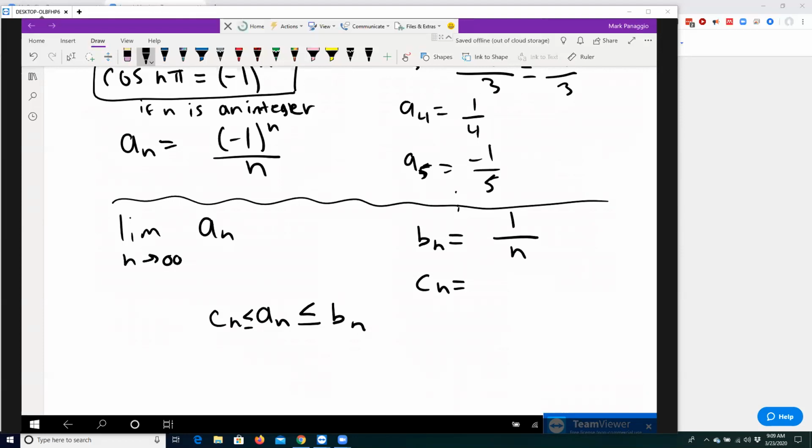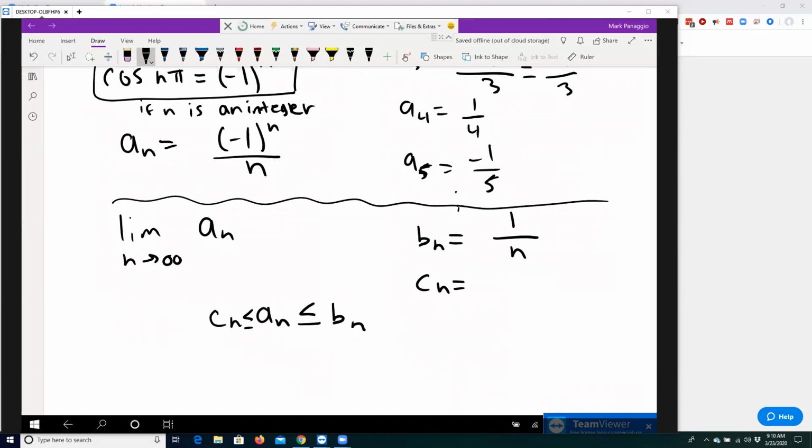All right. So we could make the same sort of argument with cn. Can anyone think of a sequence that's guaranteed to be smaller than every term in this other sequence? So again, thinking about the numerator, can you think of a number that's going to be smaller than both -1 and 1?